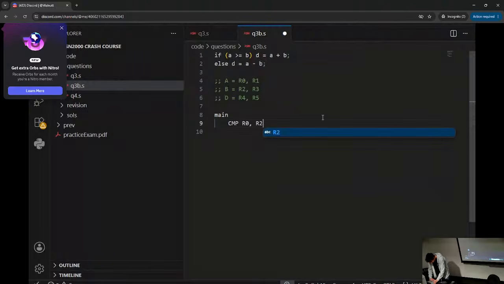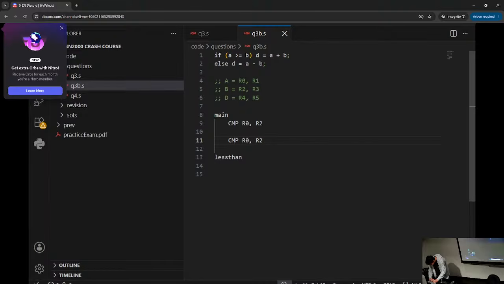If they're equal, oh hold on, let's do this. Let's just say less than. So if R0 is bigger than R2, then what am I doing?